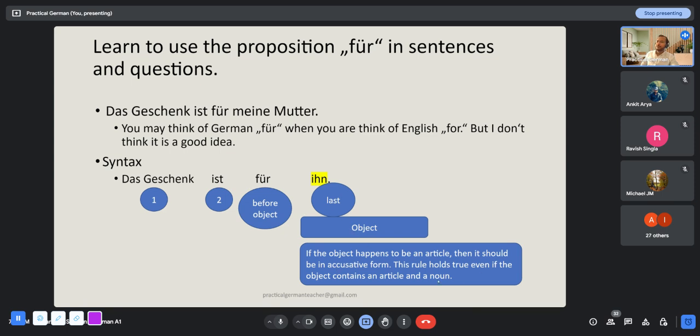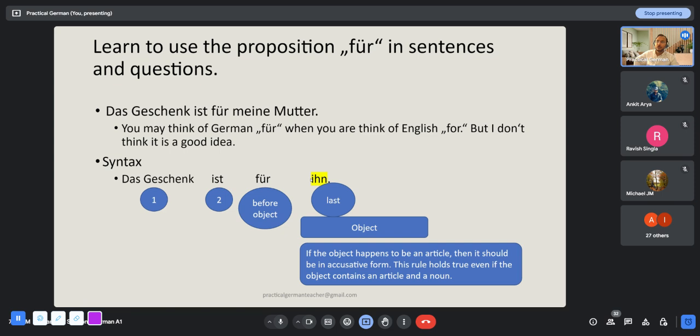Don't try to read all this. I mean, you can read, but what I'm trying to say is that after für, you will either have a noun or a pronoun. Whatever it is, it will be in accusative form. So if you are using a pronoun, use the accusative form of the pronoun. If you are using a noun, and if you are using an article before the noun, let's just say, the sentence will not make sense, but let's say I say the gift is for the contract.